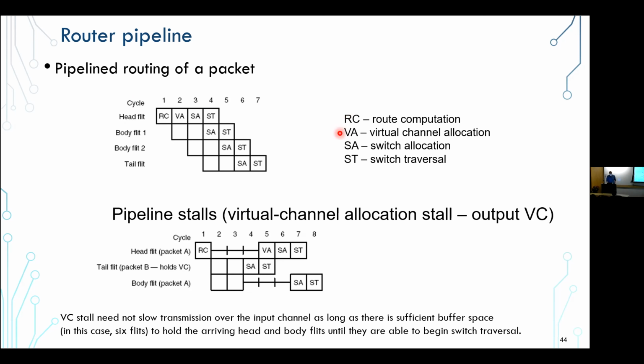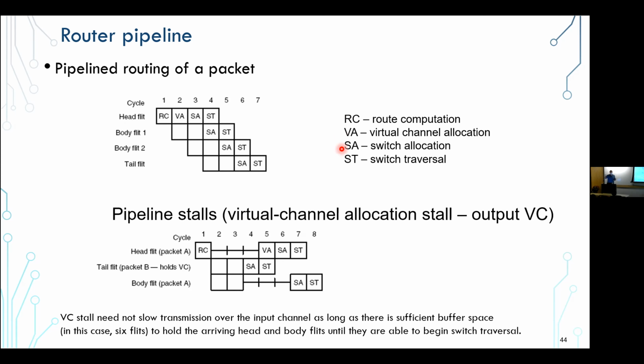Then there's the virtual channel allocation stage, meaning, do we have the virtual channel to go into to be able to traverse the switch? Then there's the switch allocation. Is the switch wire crossing from input 1 to output 2 available, right?